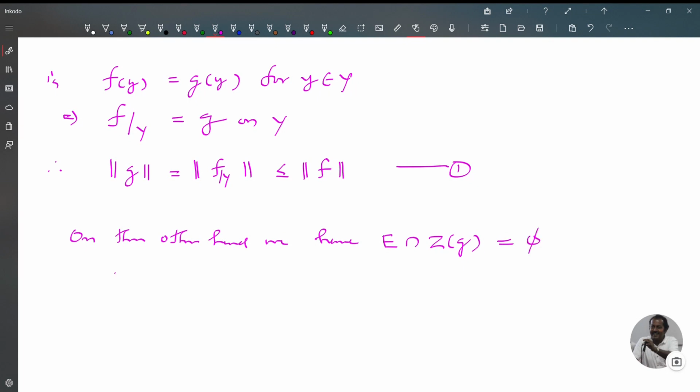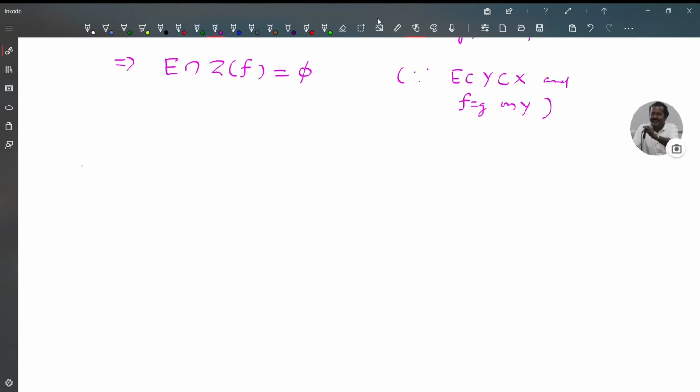This implies E intersection the zero space of f is empty, since E is contained in Y, which is contained in X, and f equal to g on Y. That is, the ball of radius 1 by norm g intersection the zero space of f is empty.